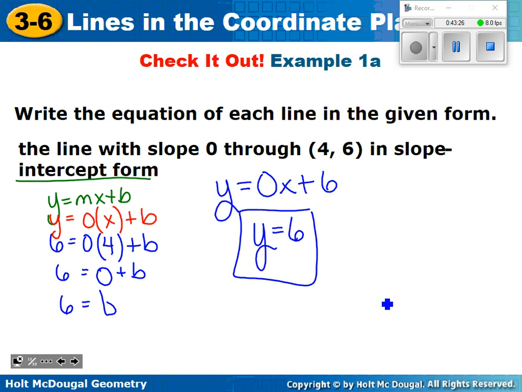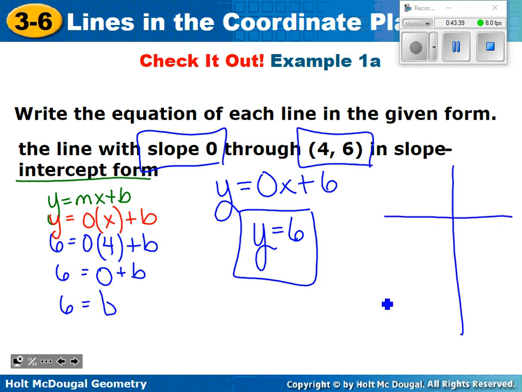Think about it. If you have a slope of 0, what kind of line should it be? Horizontal. And horizontal lines are always y equals a number. And if this is the point that it's going through, then you have this point. You have a horizontal line going through that point.